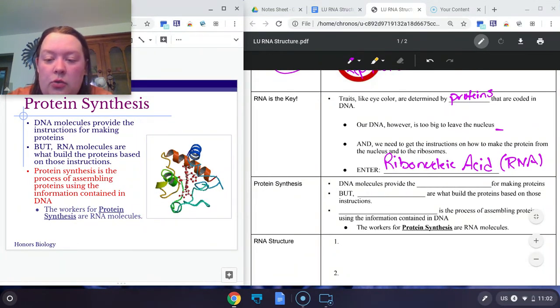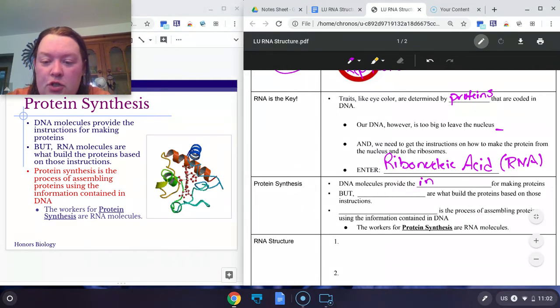So DNA molecules provide the information or instructions for making proteins, but RNA molecules are what help build the protein. So DNA hands off its instructions to the RNA, and the RNA does the job.